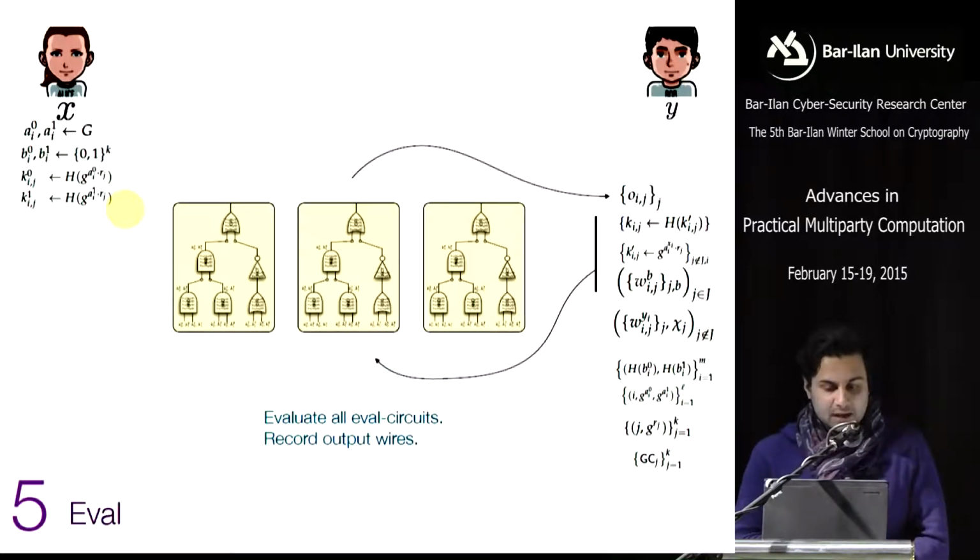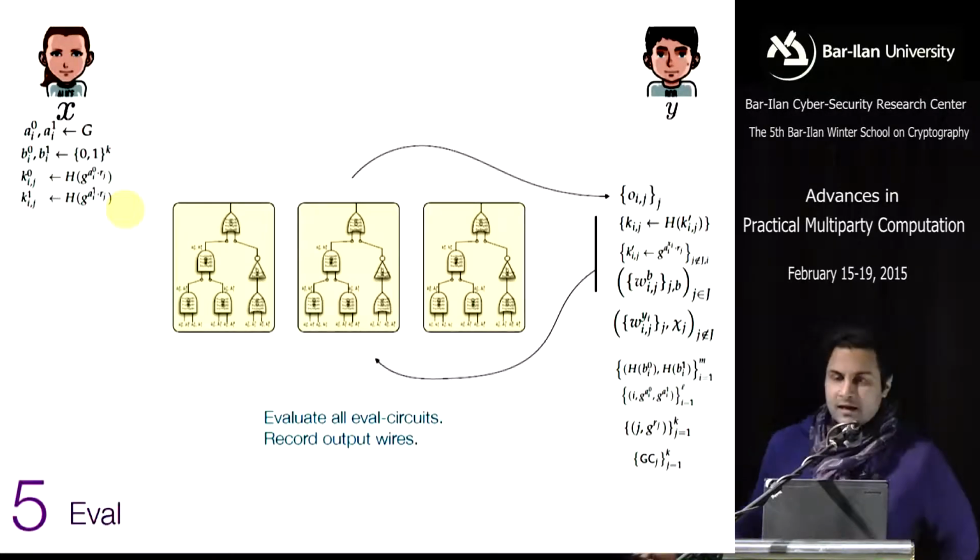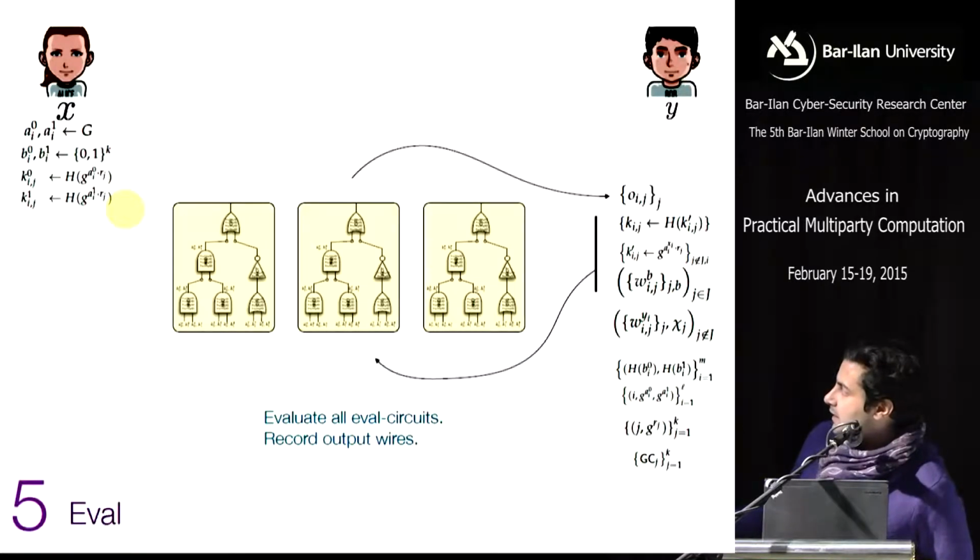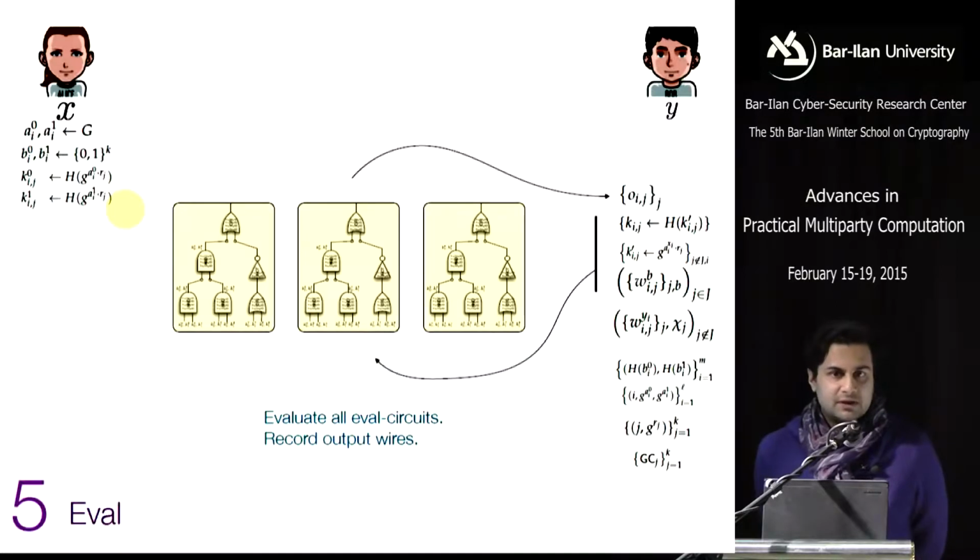Now, Alice and Bob. At this point, Bob has all of the information necessary to evaluate the circuit. So someone try to convince me this is true.